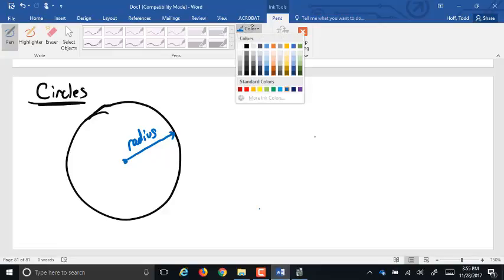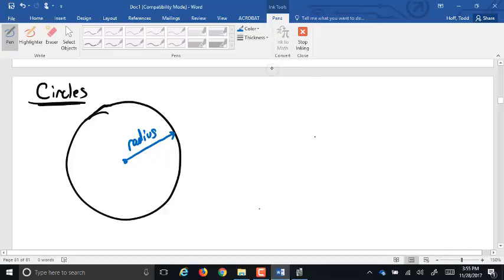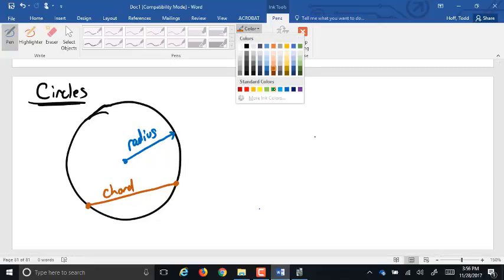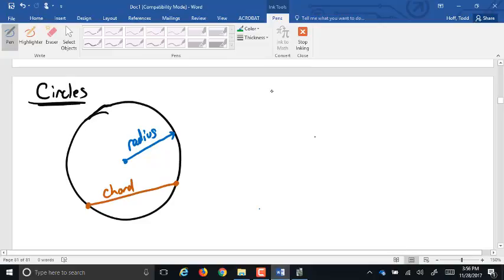Now, there are other lesser features of the circle that become important. A line segment that has its endpoints on the circle is called a chord. We're just doing light geometry in this course, so we're not going to spend a lot of time working with chords.